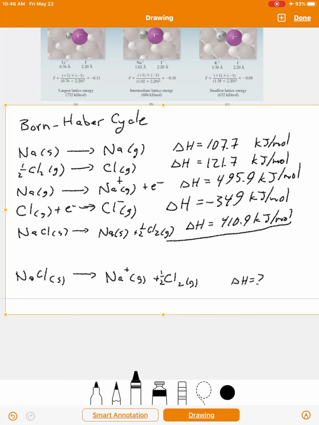So the way it's done is through what's called the Born-Haber Cycle. You take all of these measured delta H values and you add them together according to Hess's law. And then that will give you the lattice energy. So for sodium chloride, it comes out to 787 kilojoules per mole. It's a very clever process.